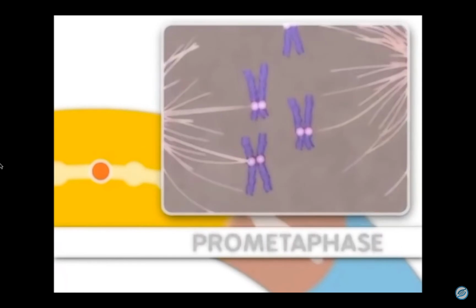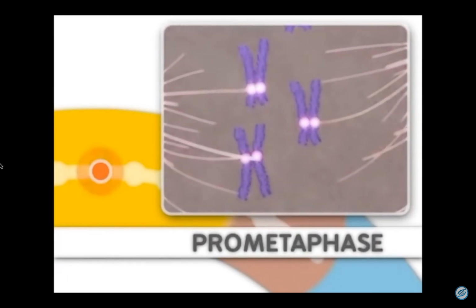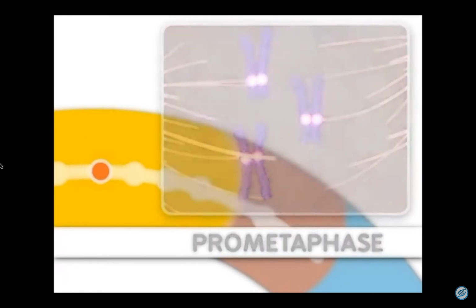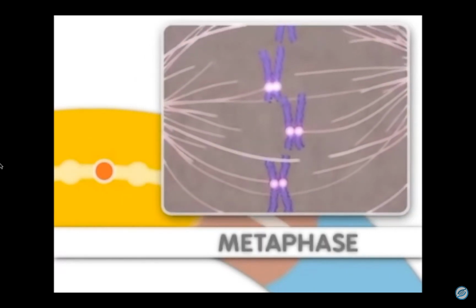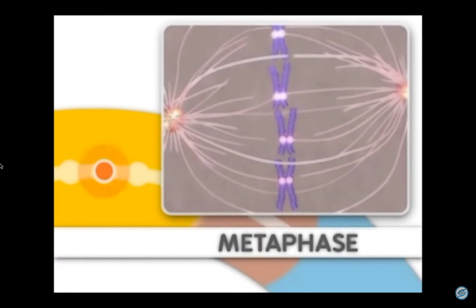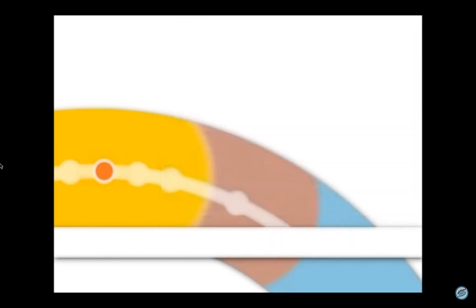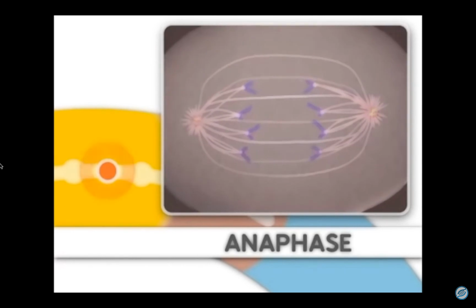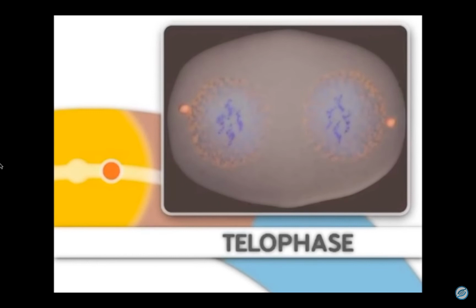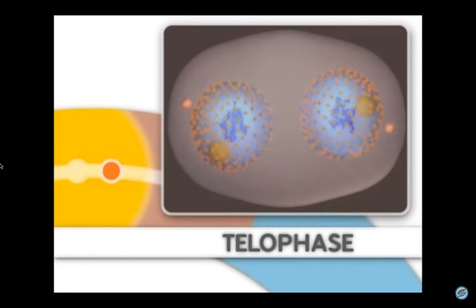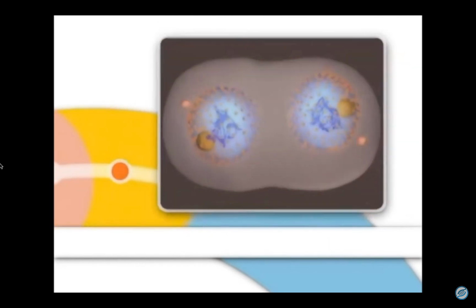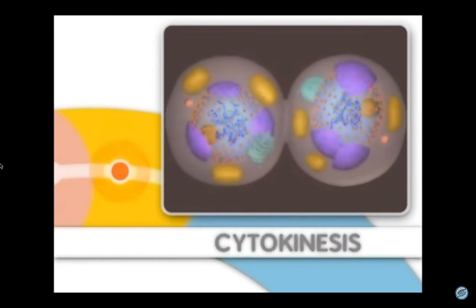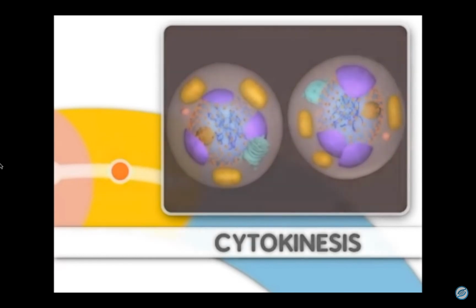Next comes prometaphase, where microtubules attach to the chromosomes. This step is followed by metaphase, where the chromosomes align. Metaphase is followed by anaphase, where the chromosomes separate. Finally, during telophase, nuclear membranes reappear around the 2 sets of chromosomes. Mitosis is now complete. After mitosis, 2 two new cells are formed by a process called cytokinesis.